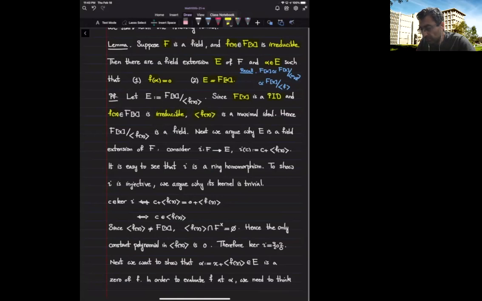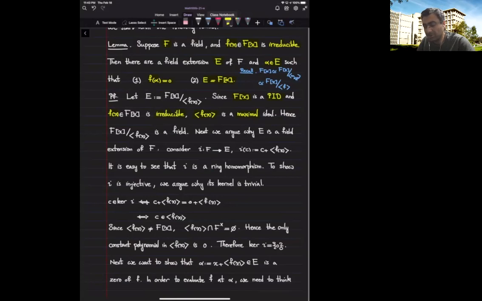In general, the ideal generated by an irreducible element is maximal among proper principal ideals. In a PID, every ideal is principal, and therefore an ideal generated by an irreducible element is a maximal ideal. But we know an ideal is maximal precisely when the quotient ring is a field.